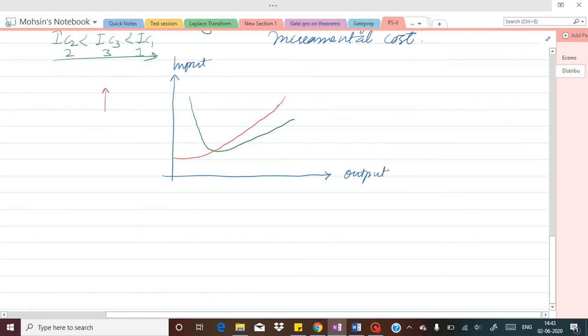So I'll just write this in terms of incremental rate in kilojoule per hour. Sorry, per megawatt hour.